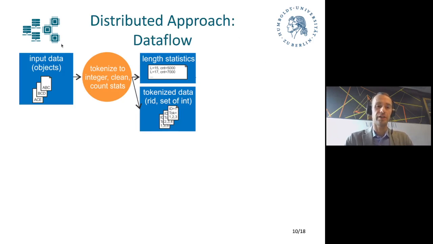We start with the input data, the raw objects, which are texts in our case, and we tokenize them to integers, we clean them, and we count their statistics. The tokenization is already the case for all previous set similarity join algorithms. The length statistics are new in our case. The length statistic is a list where we have all occurring lengths in the input data and the respective record counts to it.